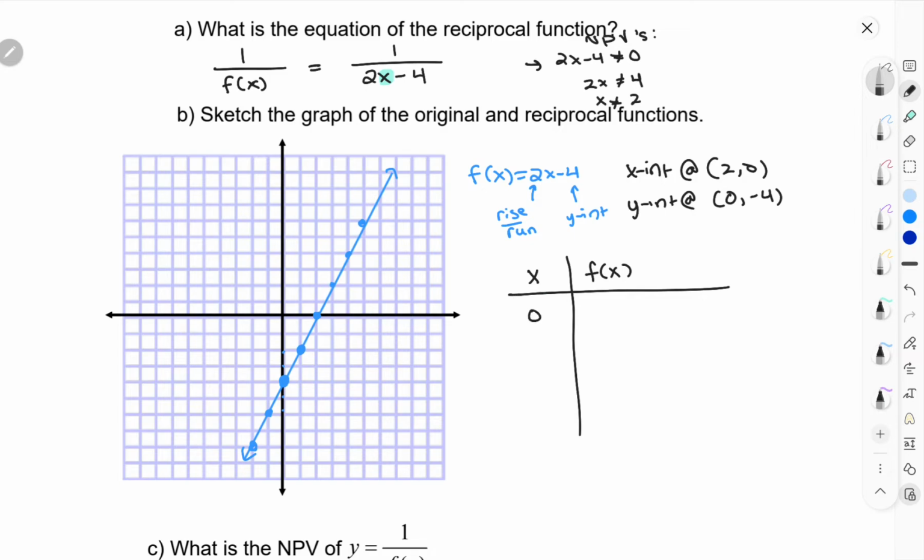When x is 0, y is negative 4. When x is 1, y is negative 2. When x is 2, y is 0. Those are all just the coordinates, the points along this graph. When x is 3, y is 2.